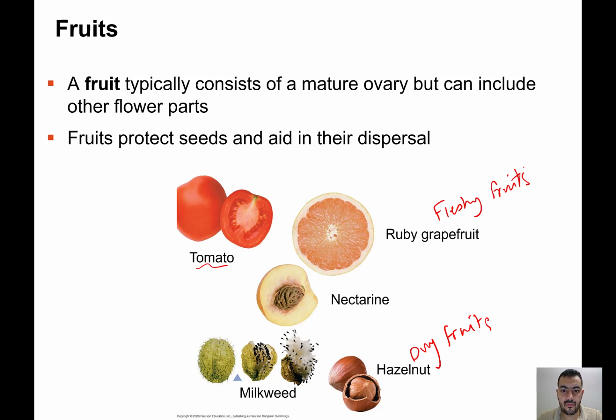As you know, the animals move on, so they are going to disperse the seeds in another location. So fruits are actually helping the dispersal of the angiosperms, and we have already discussed that angiosperms are the most abundant type of plants and the most successful colonizers of land, and one reason is attributed to the fact of having fruits.